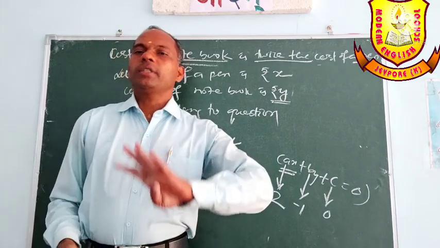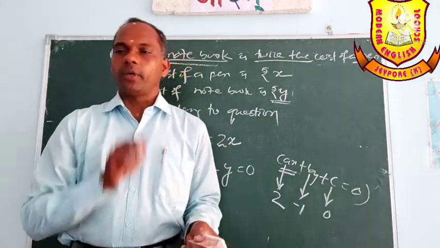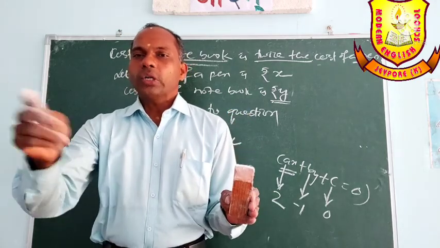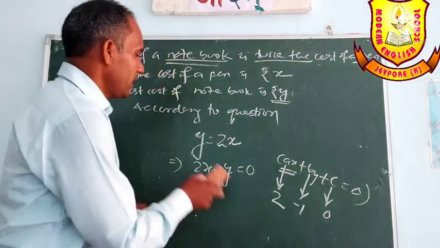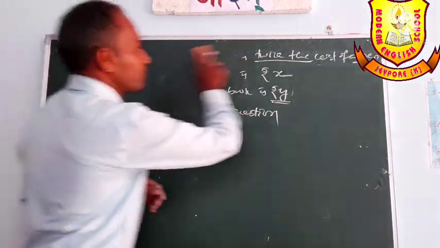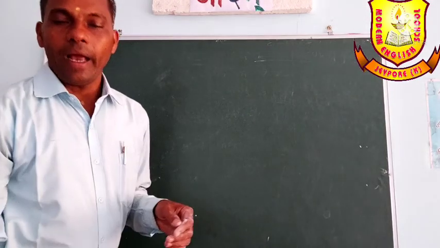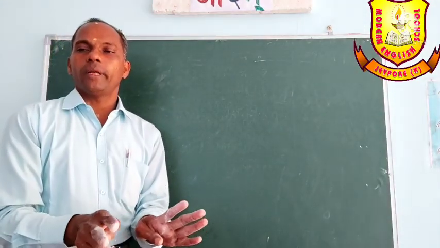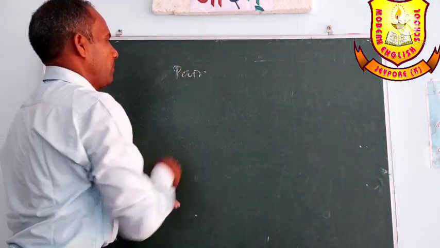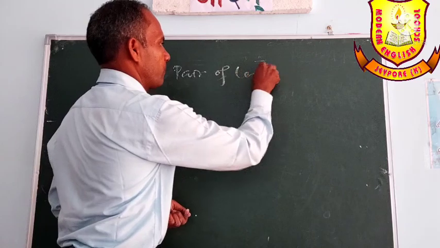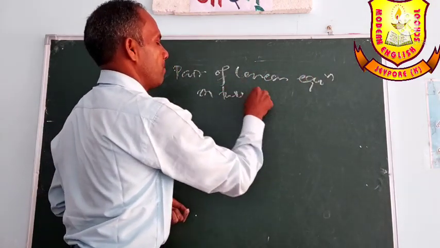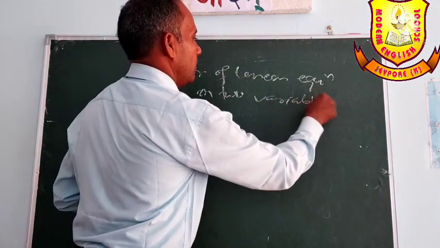A pair of linear equations in two variables is in the 10th standard. This is in 9th standard, so I will say just a little bit extra. For the 10th standard, two linear equations in two variables means a pair of linear equations in two variables.